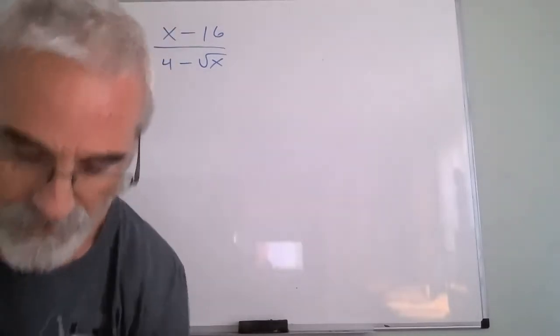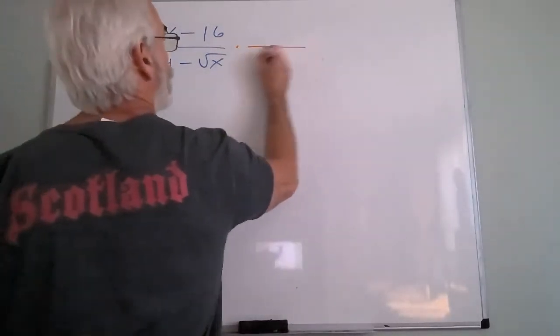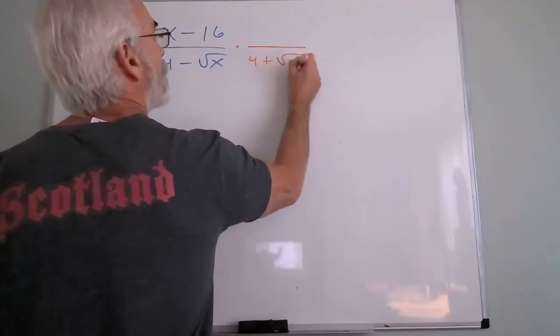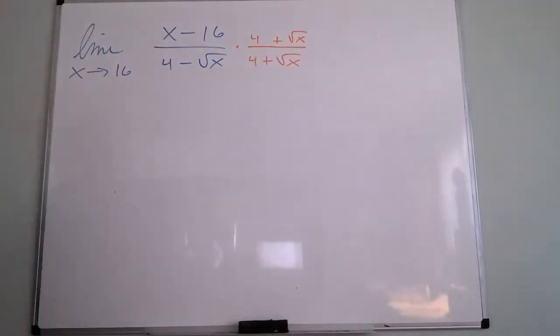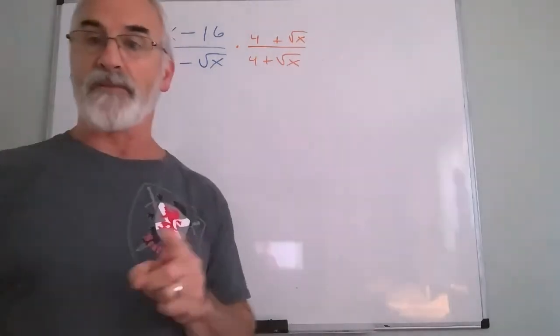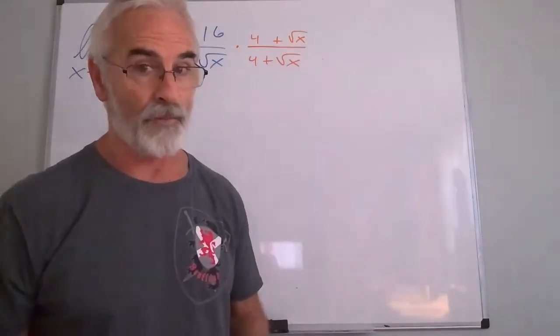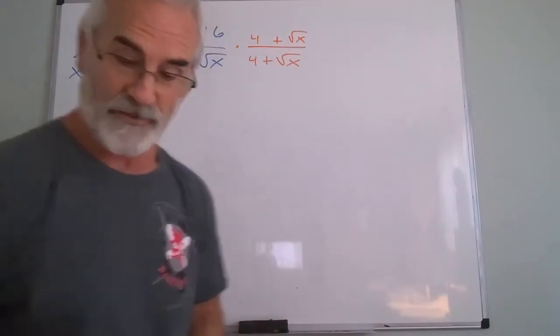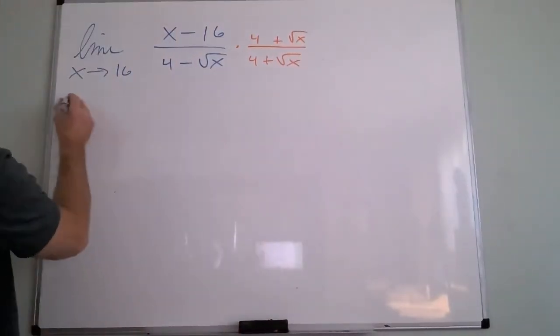So what if, and you guys remember doing this hopefully in Calc 1, what if I multiply numerator and denominator by the conjugate of the denominator? Well, first of all, is this a legal move? Yeah, because I'm multiplying my quantity by something that is equal to 1. The only thing you cannot do is you can never multiply or divide by something that can potentially equal 0. 4 plus root x can't be 0. So that's not only a legal move, it's kind of the only way I'm going to get to my goal.